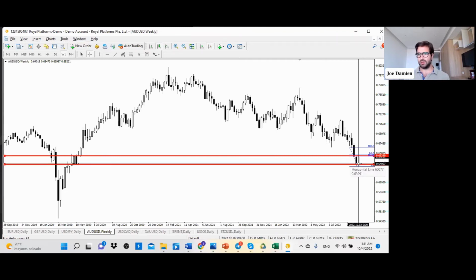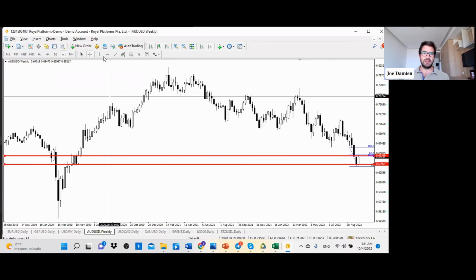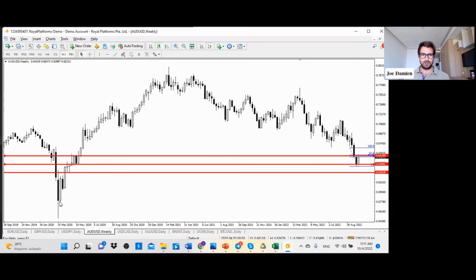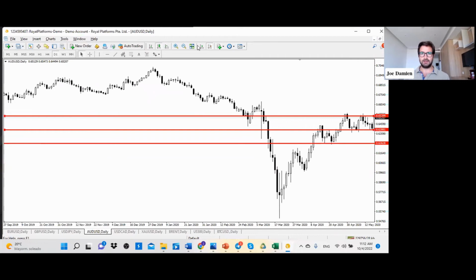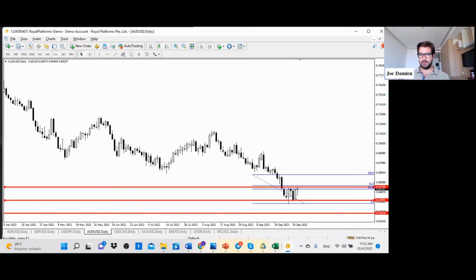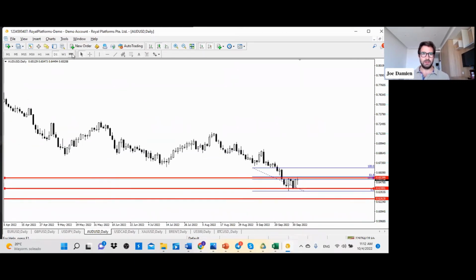So the market could go to the downside to reach 64.05, and we have another target that we should mention here, which is this one, the 62 mark, 0.6262. So if we are right about our analysis, we could see the Australian dollar reaching the 0.64 mark and then 62.62 as take profit number 2.